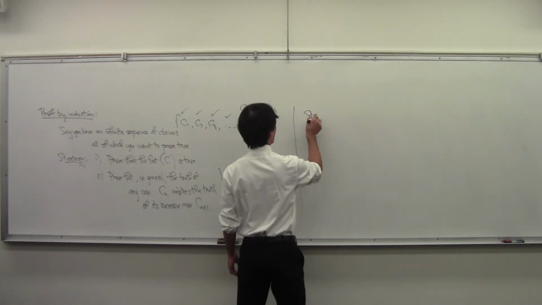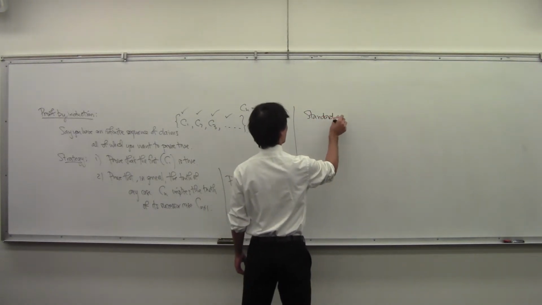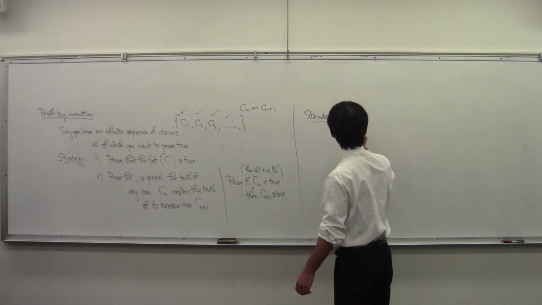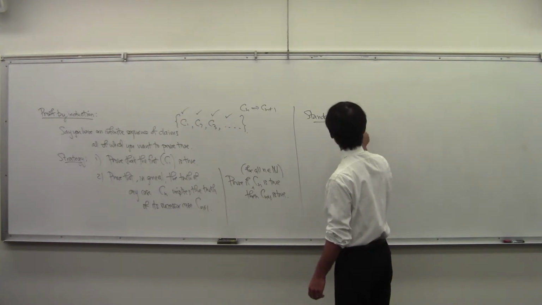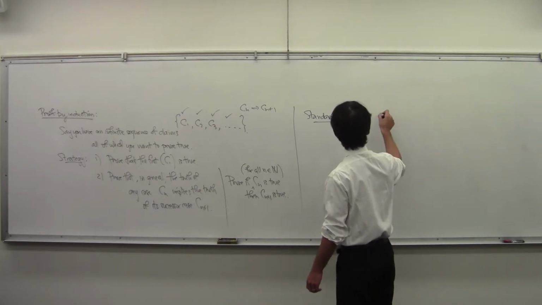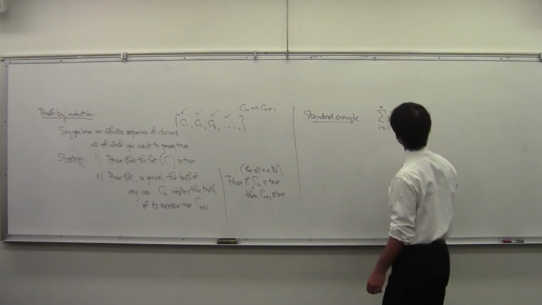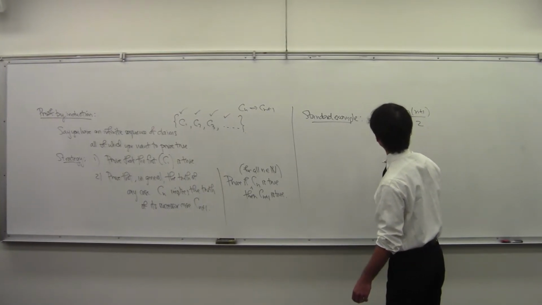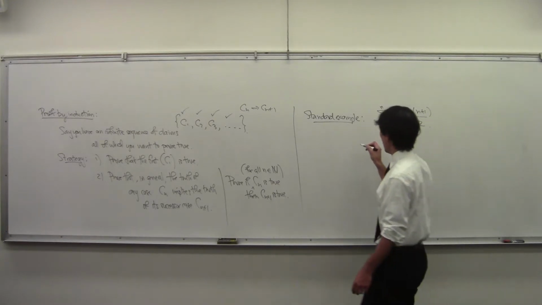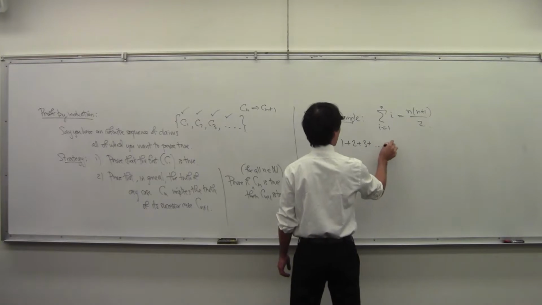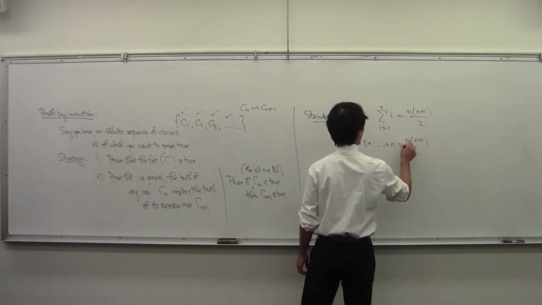So here's the standard example. The standard example is the following set of claims: that the sum of i from i equals 1 to n is n times n plus 1 over 2. That is, if you add 1 plus 2 plus 3 up to n, you're going to get n times n plus 1 over 2.